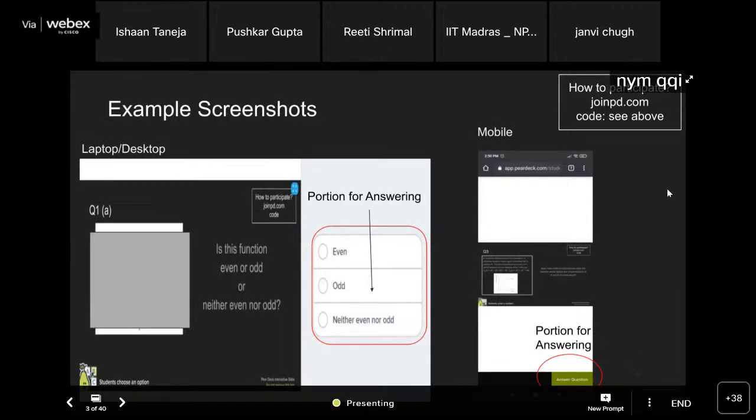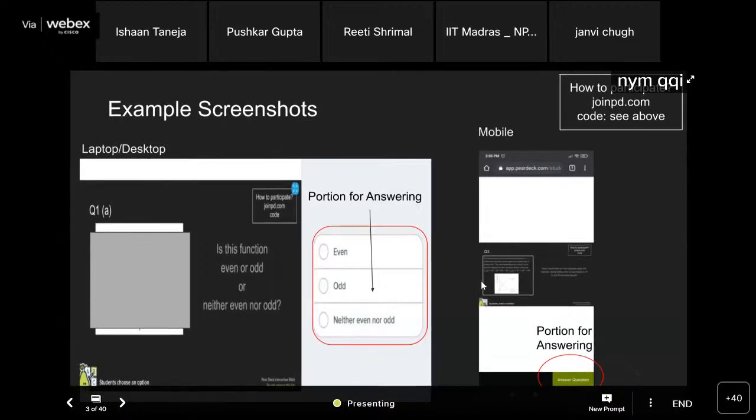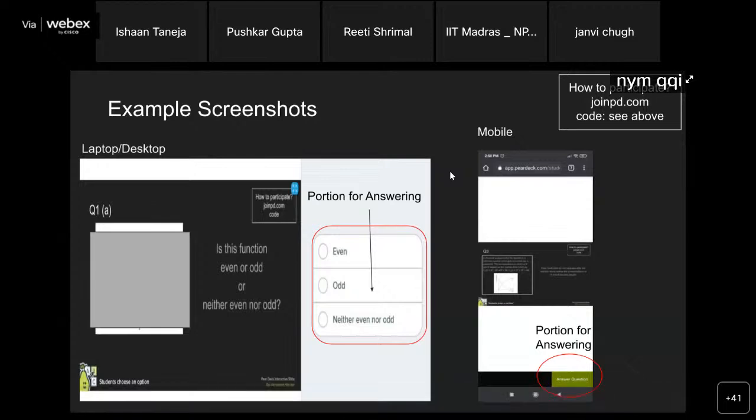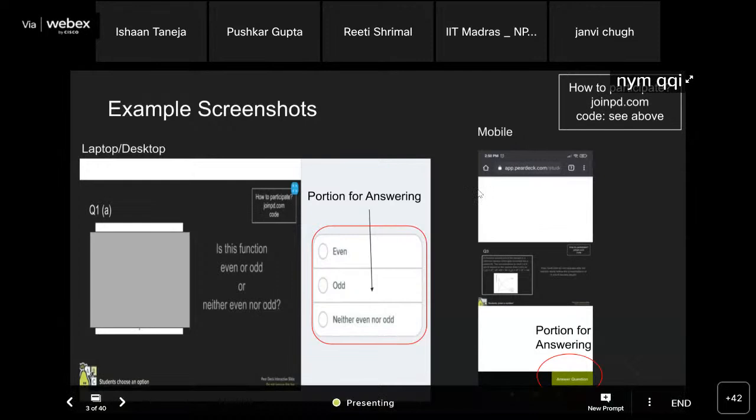Okay, so I would request you all to keep yourself on mute unless required to ask some question. Okay. So if you're using laptop or desktop, your view would be something as shown on the left side of your screen. You will see the question and on the side you will see options to answer, or if it's a numerical answer type, you will see a box to enter the number. Okay. But if you're using it on mobile, your interface would be as shown in the right side of the screen.